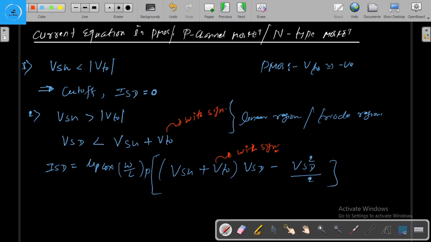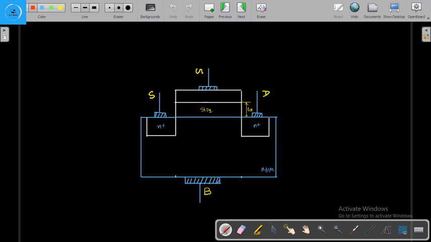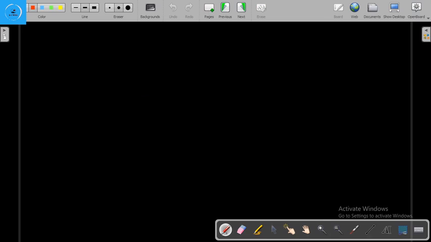So what will be the condition for the saturation region? Our third case is for the saturation region. If the VSG is greater than mod of VT naught and the VSD is greater than or equal to VSG plus VT, right? And we are writing the VT naught with its sign. VT naught for the PMOS is negative, right?